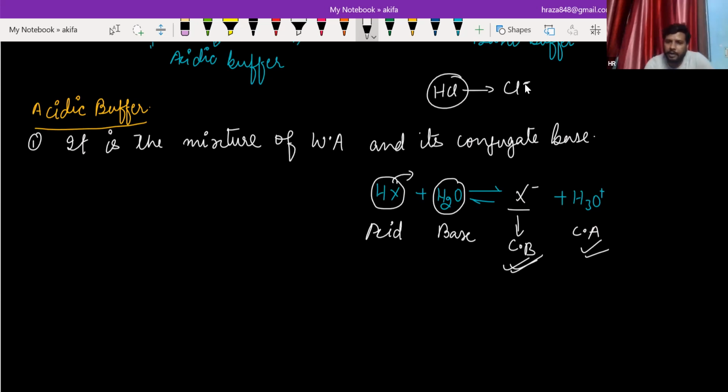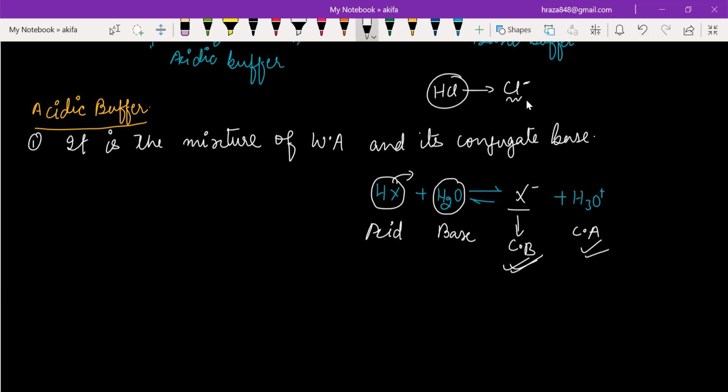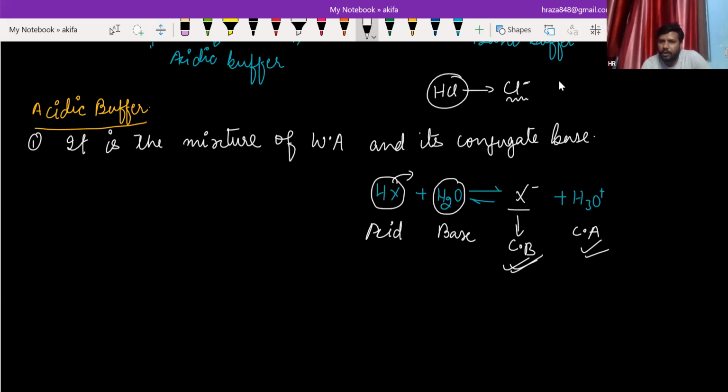Or if I will ask what is the conjugate acid of this base, you just have to add H plus, so it will be converted into H3O positive. The substance which gets H plus is called conjugate acid, and the substance which removed H plus is called conjugate base. Is that clear?